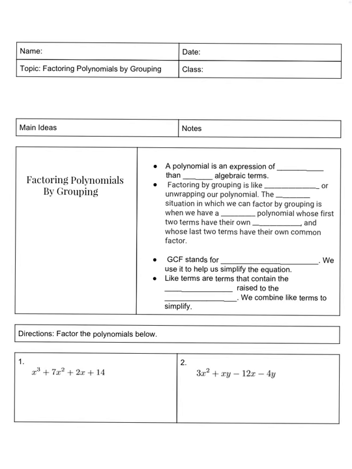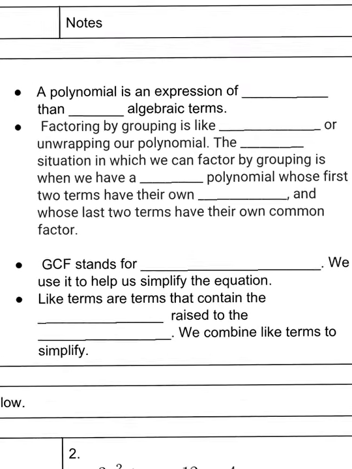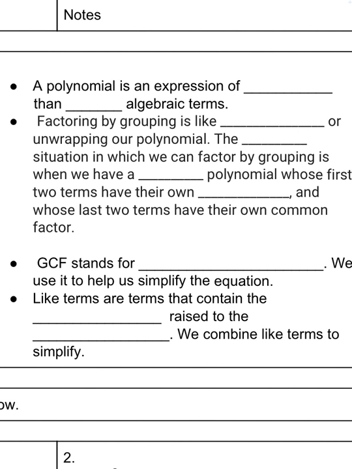So to start, we're going to do some definitions. A polynomial is an expression of more than two algebraic terms. Factoring by grouping is like undistributing or unwrapping our polynomial.